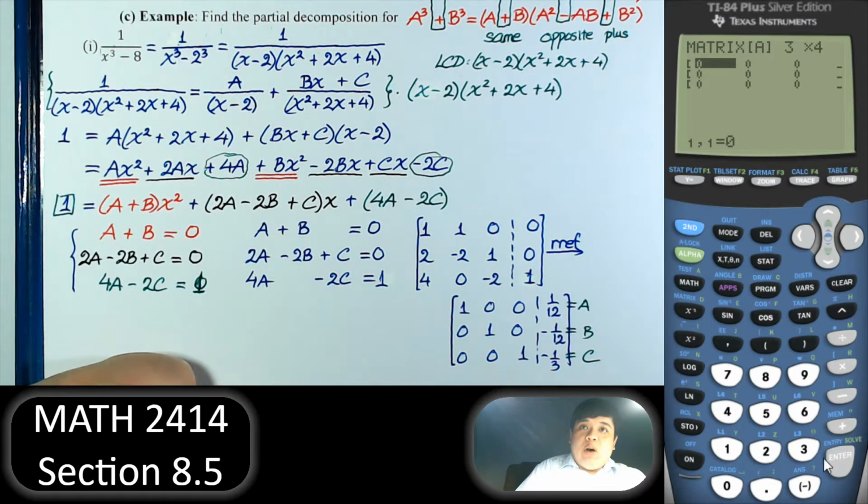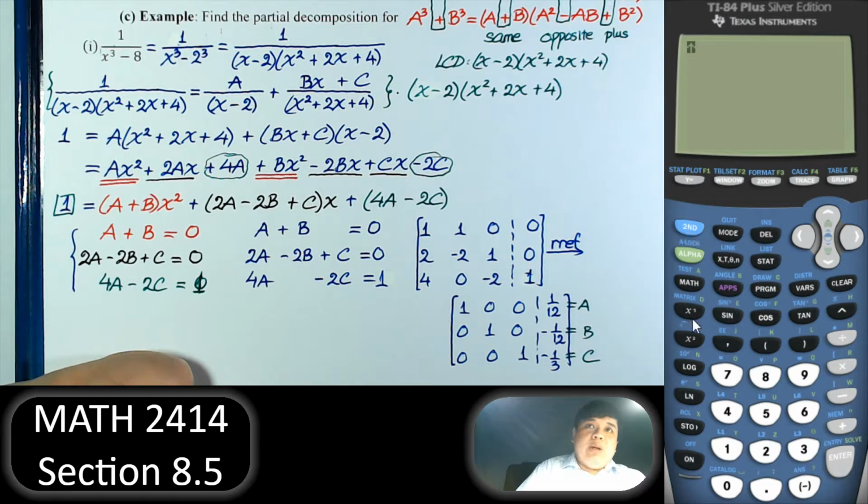And I'll do the same thing. 1, 1, 0, 0, 2, -2, 1, 0, 4, 0, -2, and 1. Right.